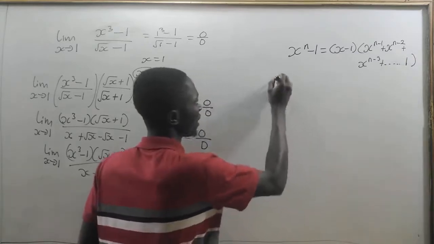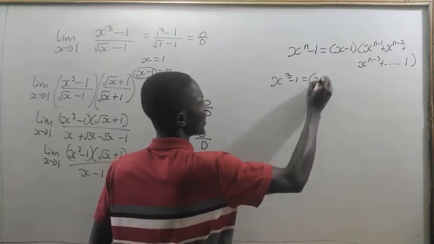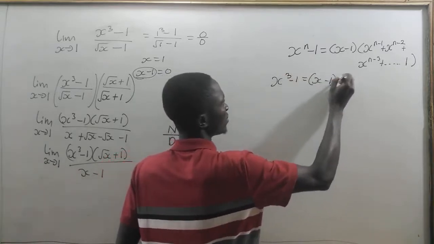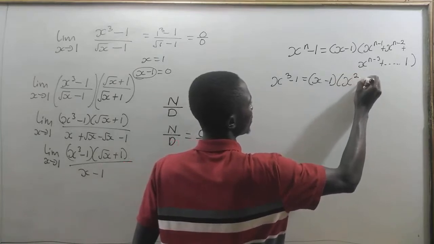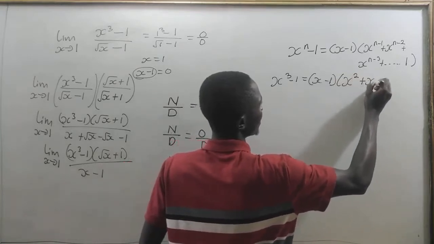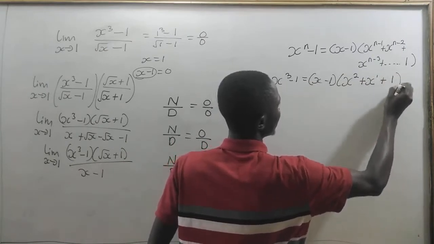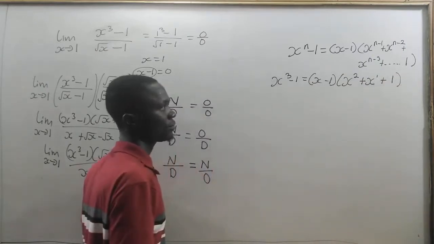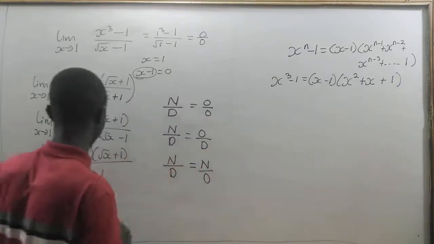So here we have x exponent 3 minus 1. So this will give us x minus 1 times x exponent 2 plus x exponent 1 plus 1. That is what we get. So that's the expansion for this.